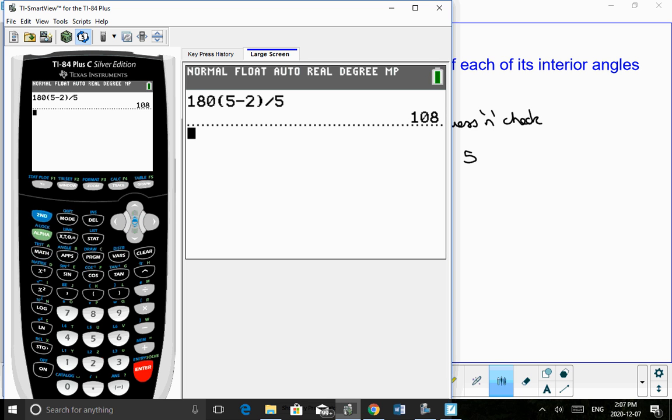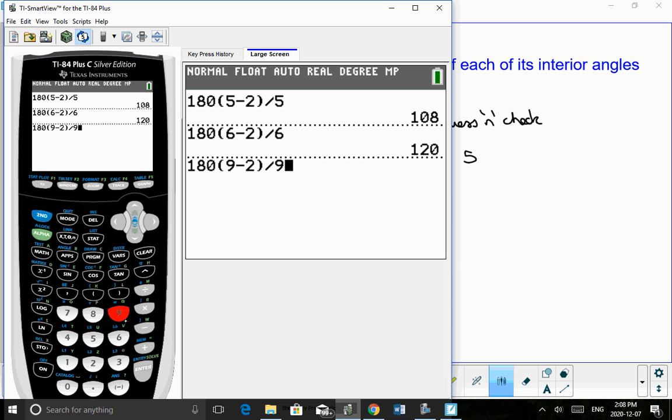And I get out 108, and I'm trying to get out 170. So let's try 6 now. So I'm going to go 180 times 6 minus 2 divided by 6. 120, so I'm getting closer. Okay, let's try 9. So 180 times 9 minus 2 divided by 9. 140, oh, getting closer to 170 all the time.